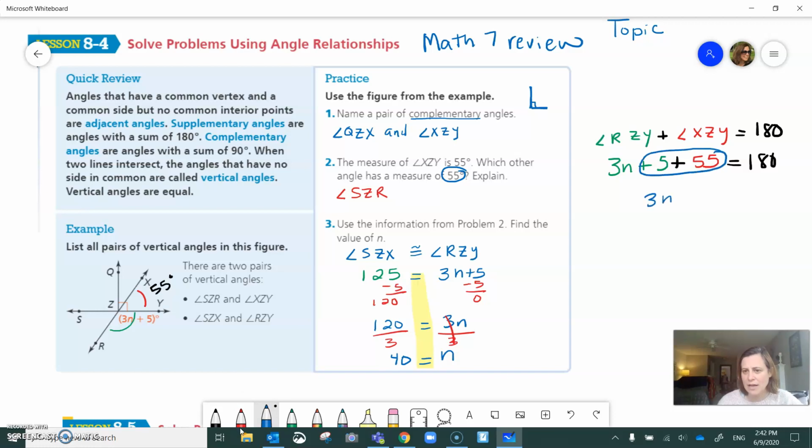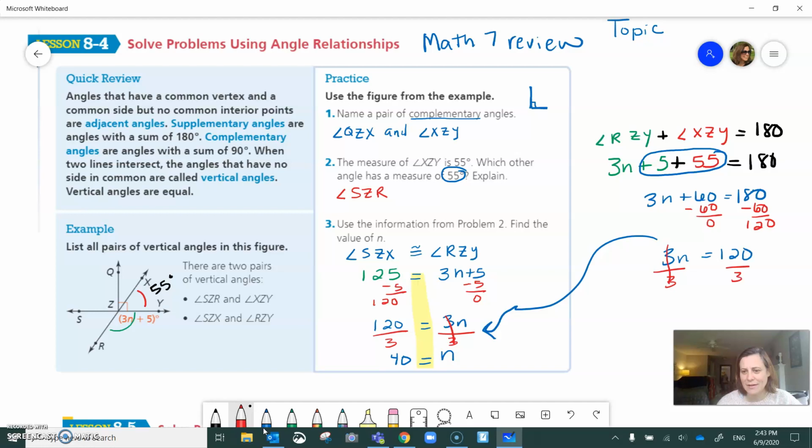So that gives us 3n plus 60 equals 180. I'm trying to get n alone, so we will subtract 60 from both sides. Rewrite what we've got. And at this point, it looks just like that did. So the last step is divide both sides by 3, and we end up with n equals 40.